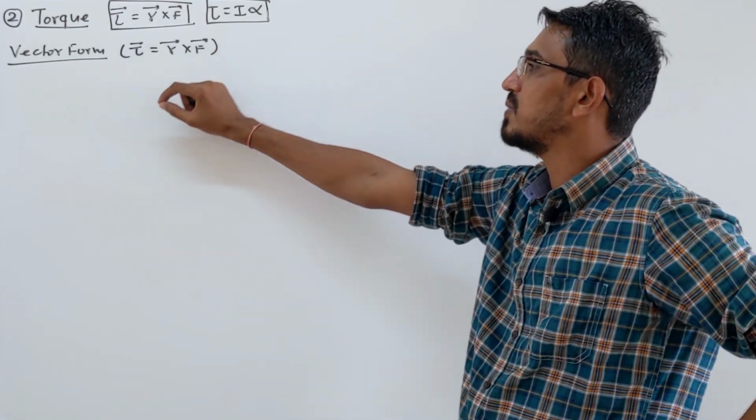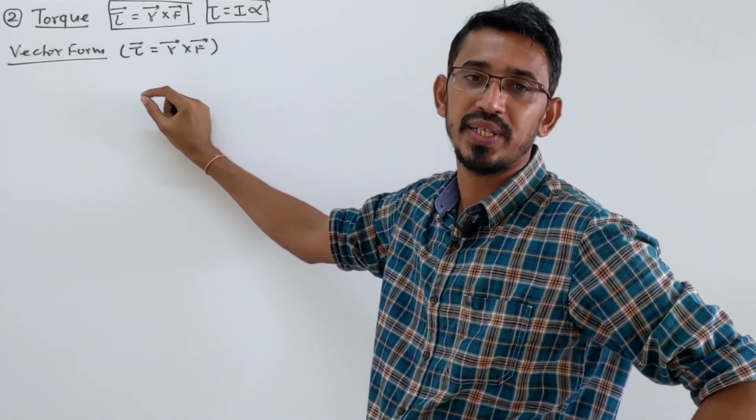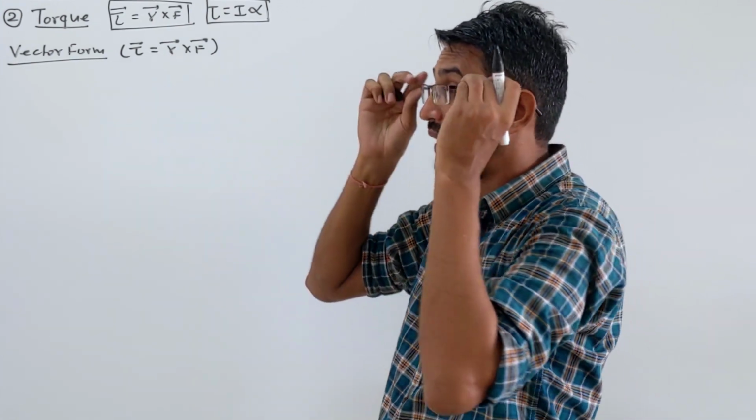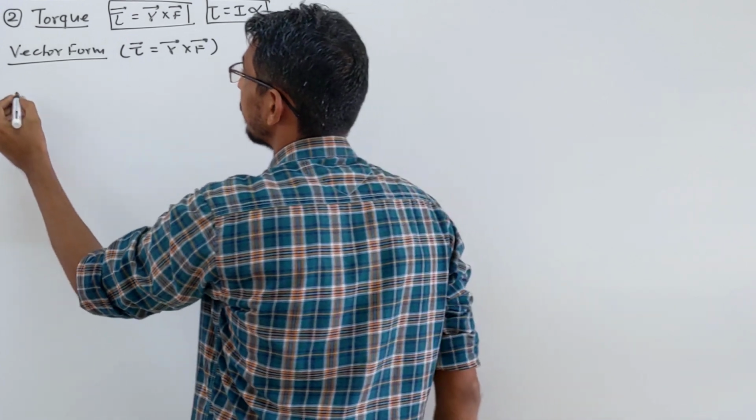Here calculation is very easy, but one thing you have to understand: what is the proper value of R? Actually, let me write a question to understand this. Suppose like this one.